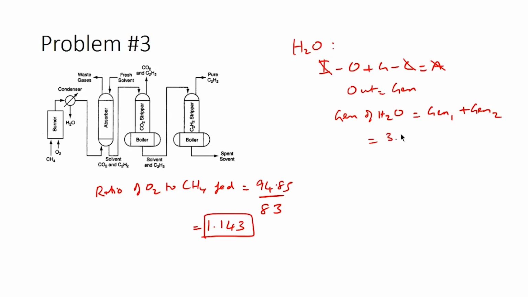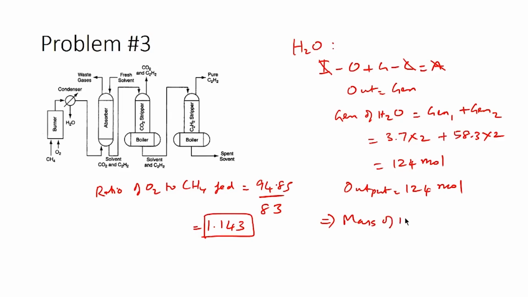So this is 3.7 times 2 moles of water generated by reaction 1 plus 58.3 times 2 moles of water generated from reaction 2, giving you 124 moles of water generated. So water output is equal to 124 moles. This implies the mass of water removed or condensed would be equal to 124 times 18, which equals 2232 grams.